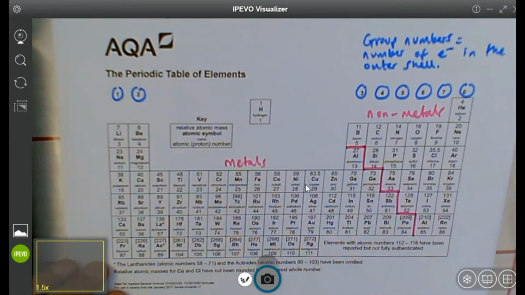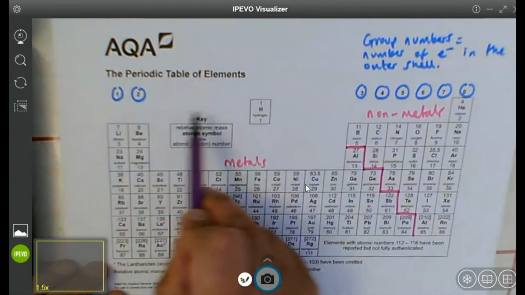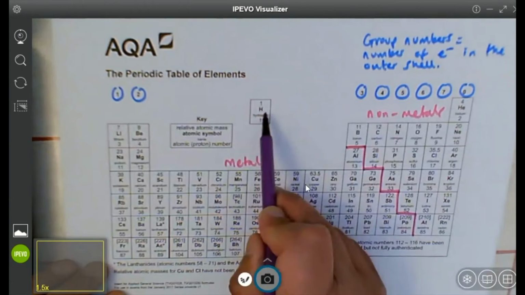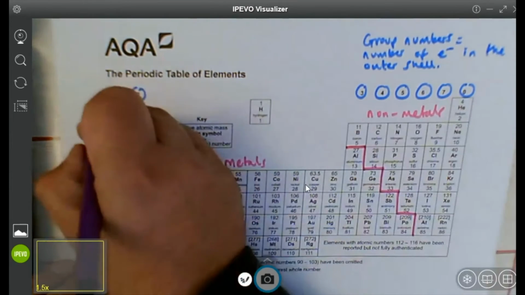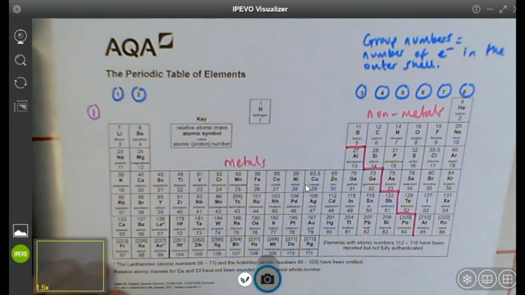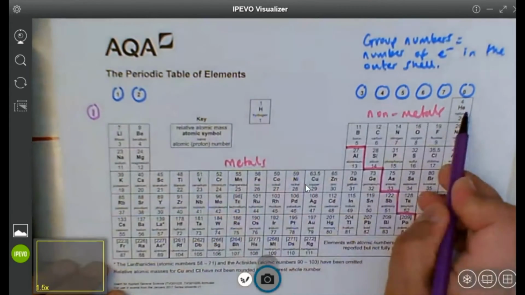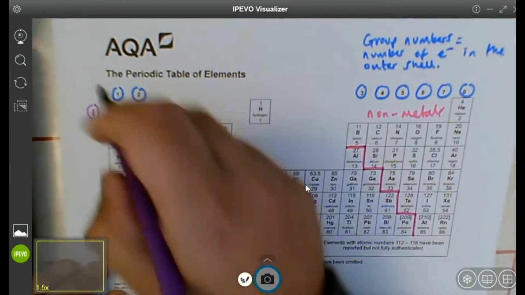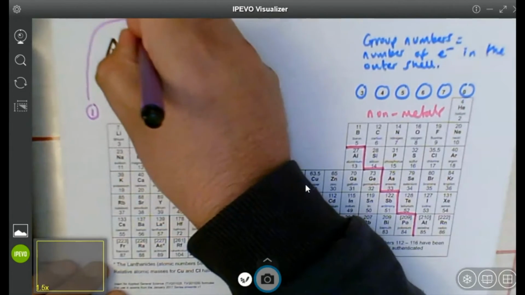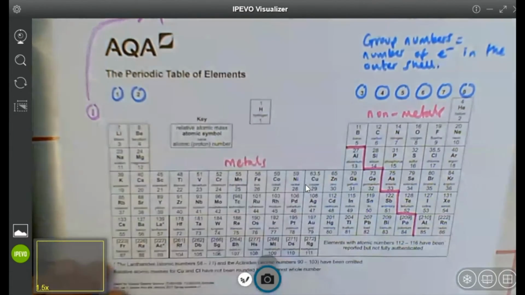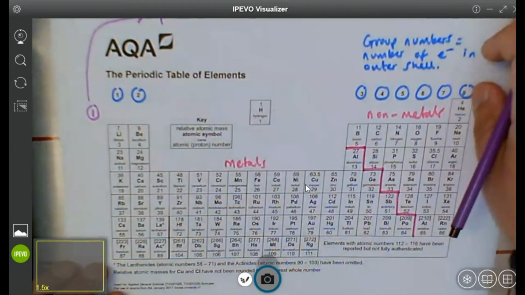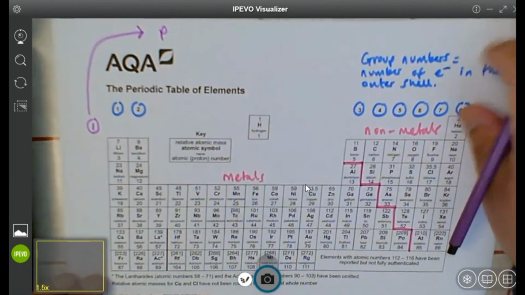The next piece of information from the periodic table, which isn't really shown here but we can put in, is the horizontal rows. We've got hydrogen and helium here, and I'm going to put the number 1 here, because that is period 1. We're using the word period, so I'm going to put period up here.